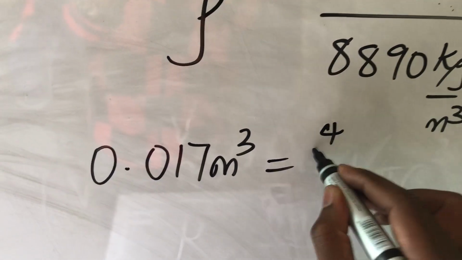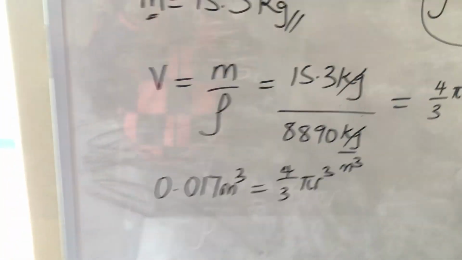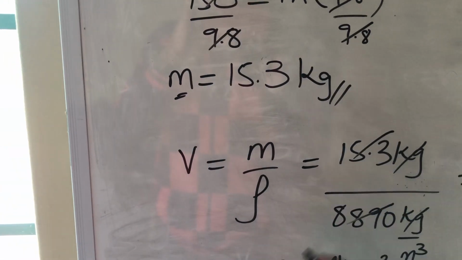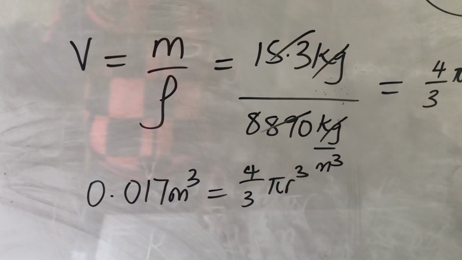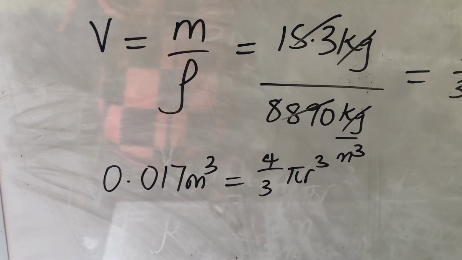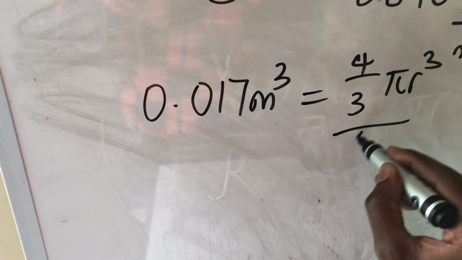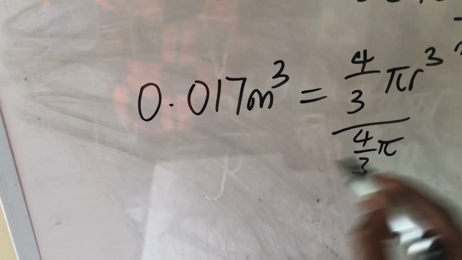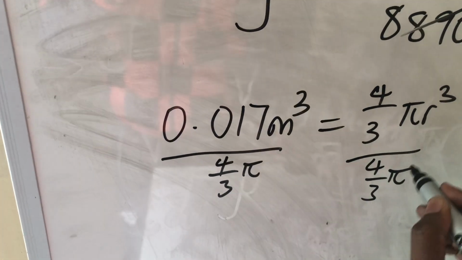And this is equal to 4 over 3 pi r cubed. Now remember the question wants you to get the value of r. To get that, you divide both sides by 4 over 3 pi.